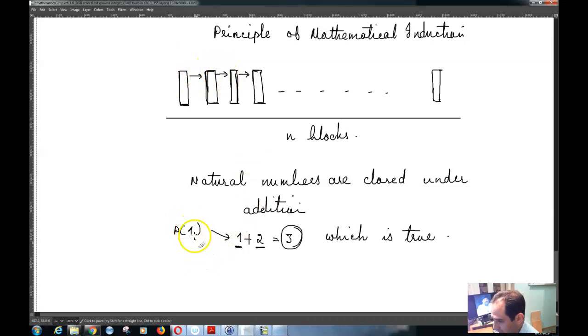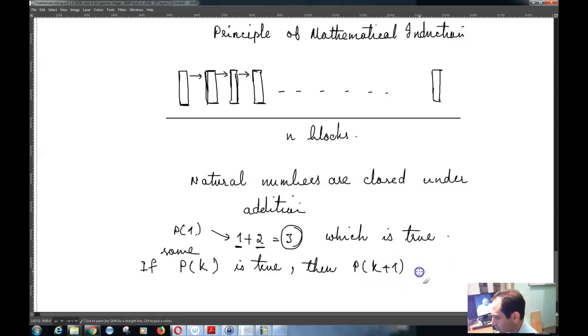That means I need to show that if some P of k is true, then P of k plus 1 is always true, meaning that if any of these blocks falls over, inevitably the next block will fall over.